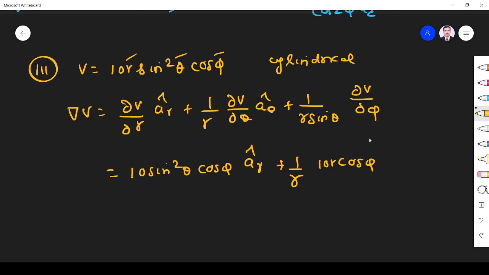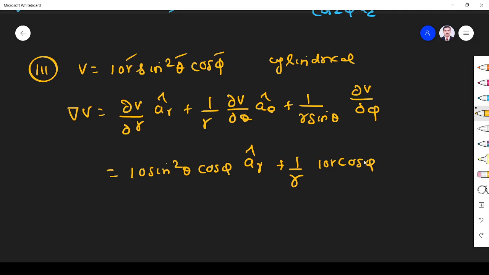It is cos sine 2 theta, right? It is 1 by r sine squared 2 theta. We can differentiate that, cos sine 2 theta, cos 2 theta into 2.